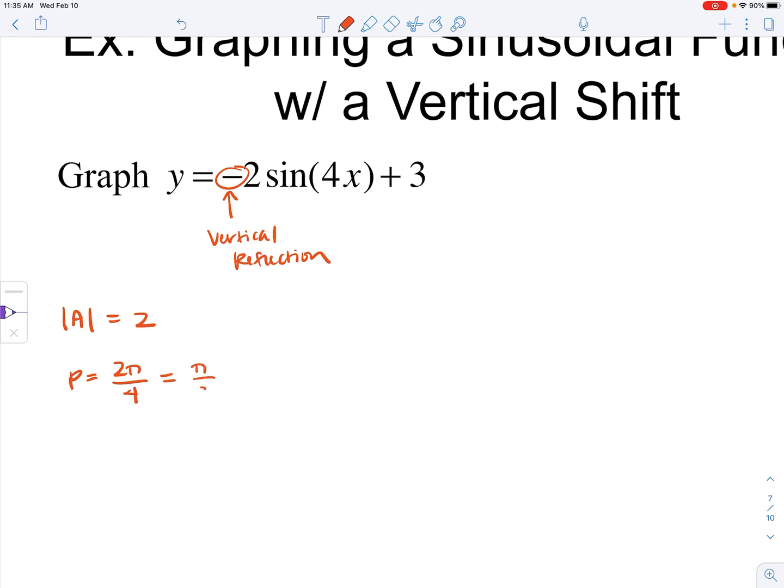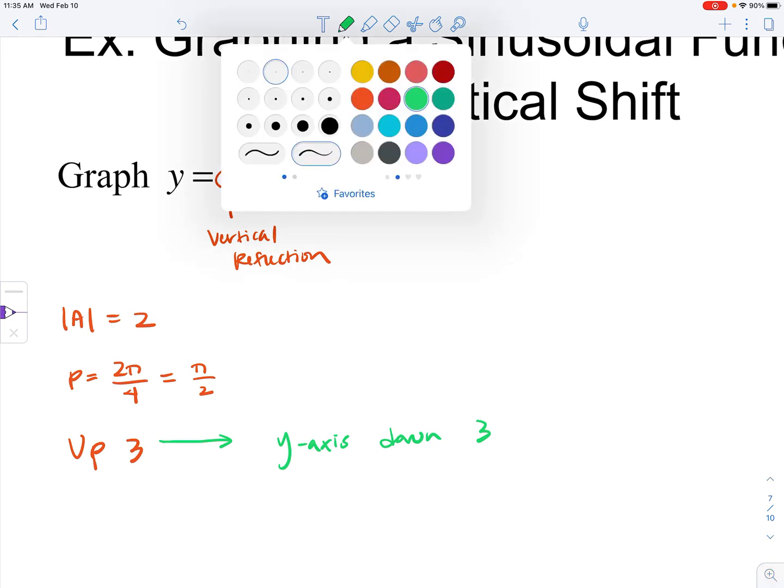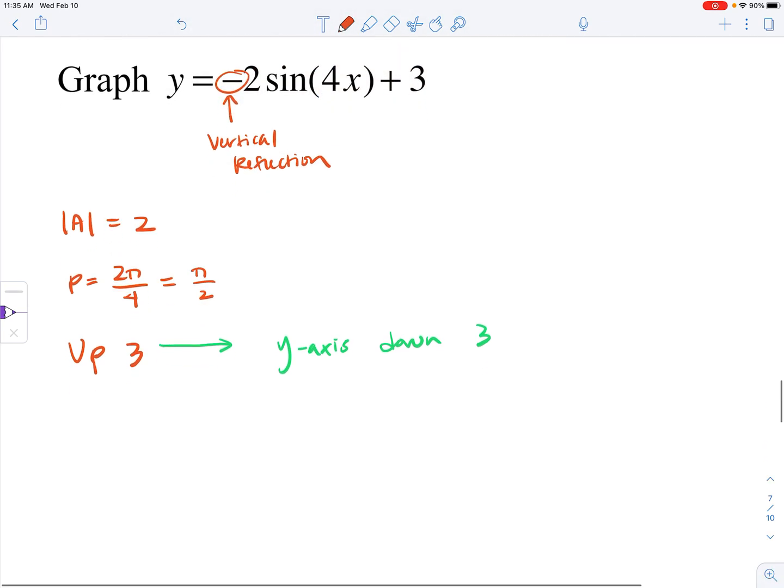I take b, and that simplifies to be pi over 2. So period is pi over 2. And then that plus 3 indicates that the graph has a vertical shift up 3 units, which means the x-axis will go down 3 units. Or if you're shifting each point, you're shifting each point up 3 units, your preference.